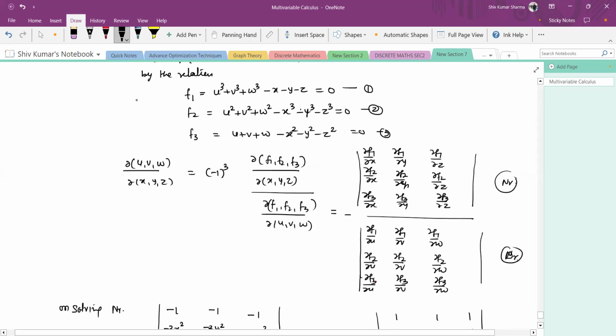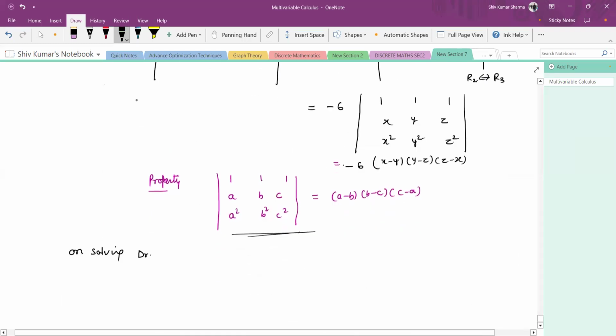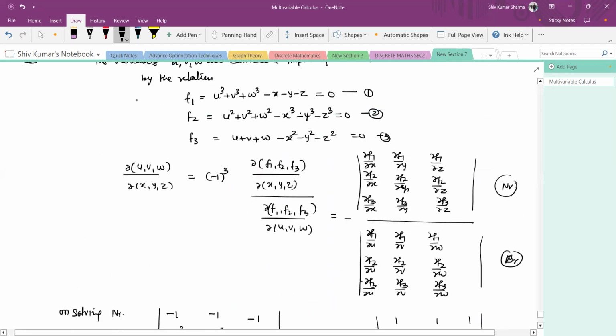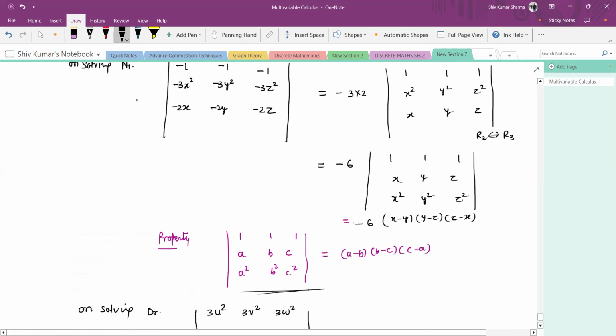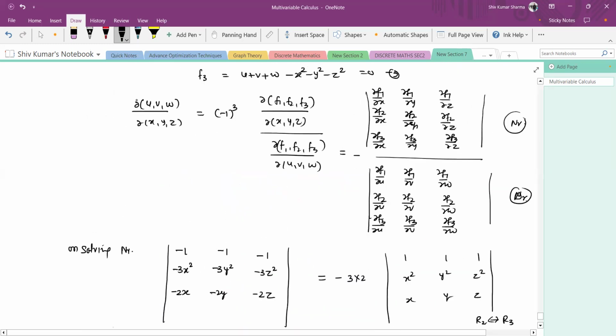So del f1 upon del u means 3u square, del f1 upon del v is 3v square, del f1 upon del w is 3w square. Del f2 upon del u, del f2 upon del v, del f2 upon del w are 2u, 2v, 2w. And the third row is 1, 1, 1, because we have u plus v plus w.